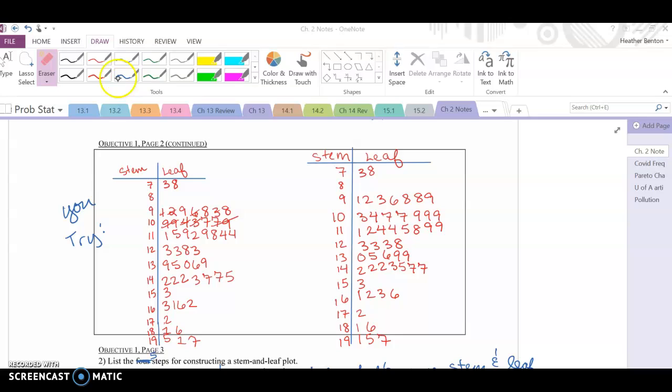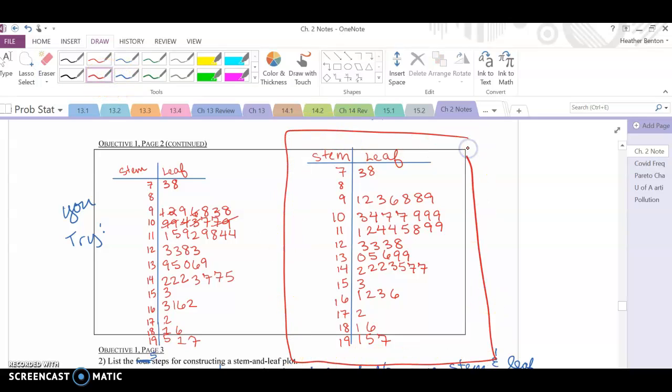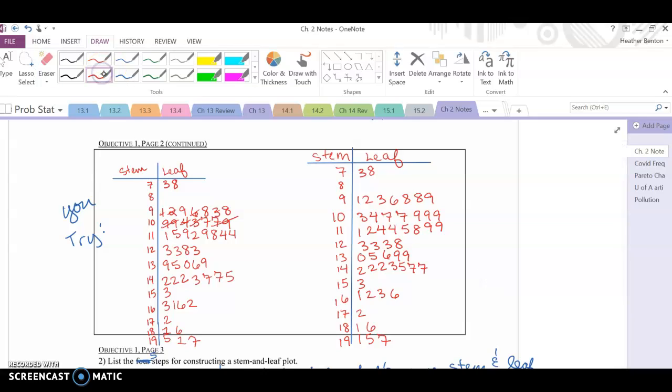Okay, whew. Now that we have our stem and leaf plot in ascending order, the last thing you want to do is title your plot and include a legend. So the title of our plot is Percent of People in Poverty 2011 to 2012, and then we want to make a legend.